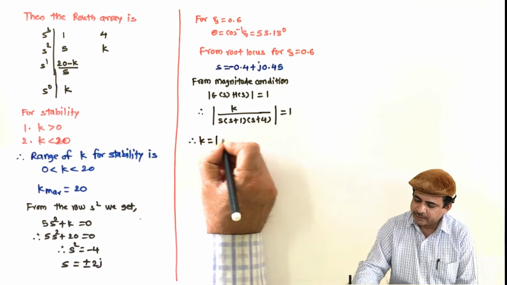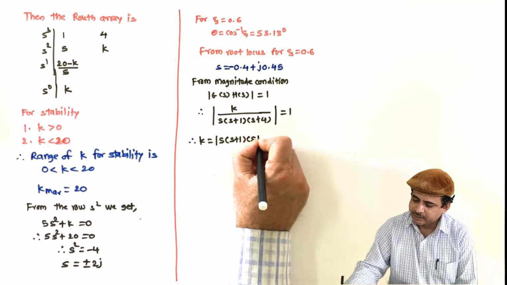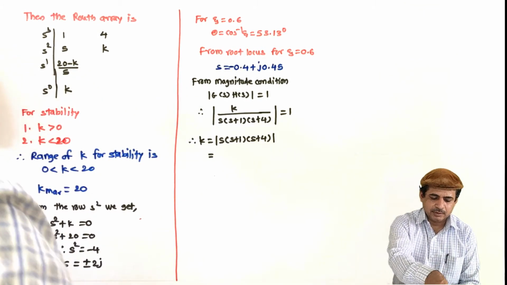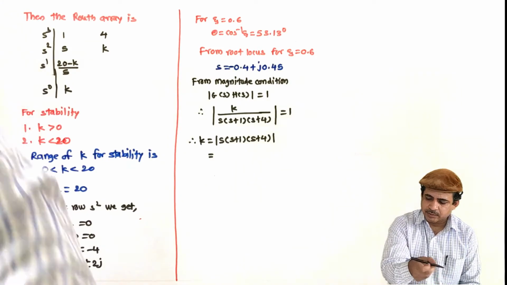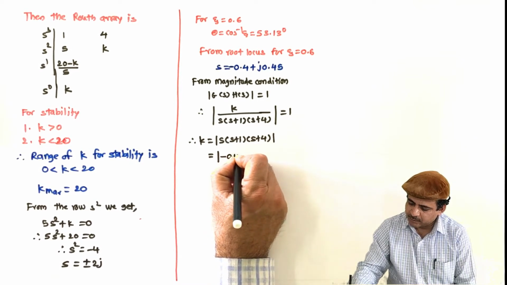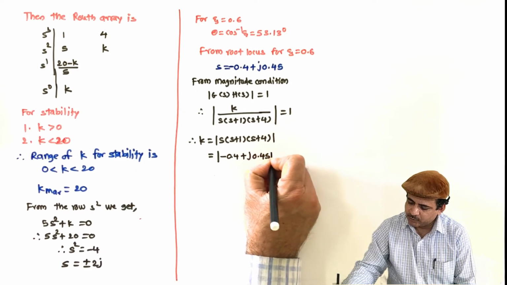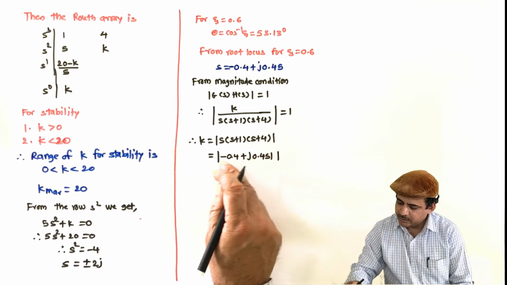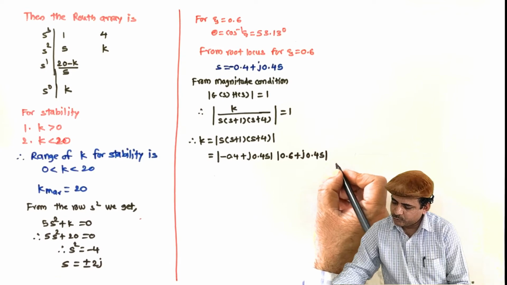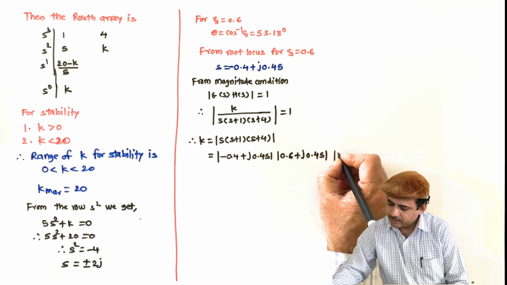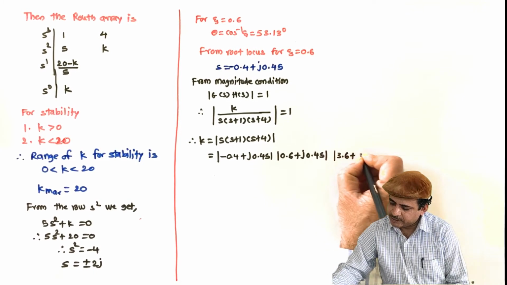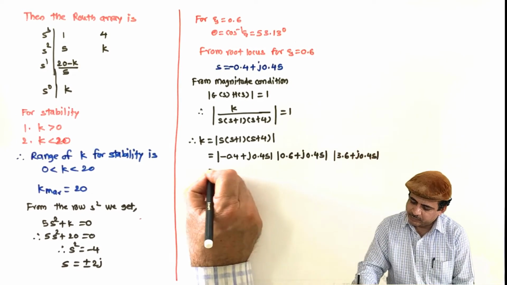So K is equal to the magnitude of S into S plus 1 into S plus 4, which equals the magnitude of minus 0.4 plus j0.45, into the magnitude of 0.6 plus j0.45, into the magnitude of 3.6 plus j0.45.